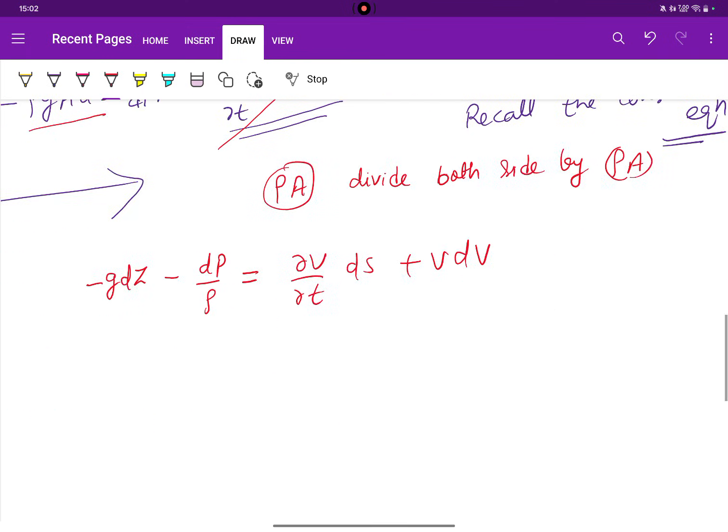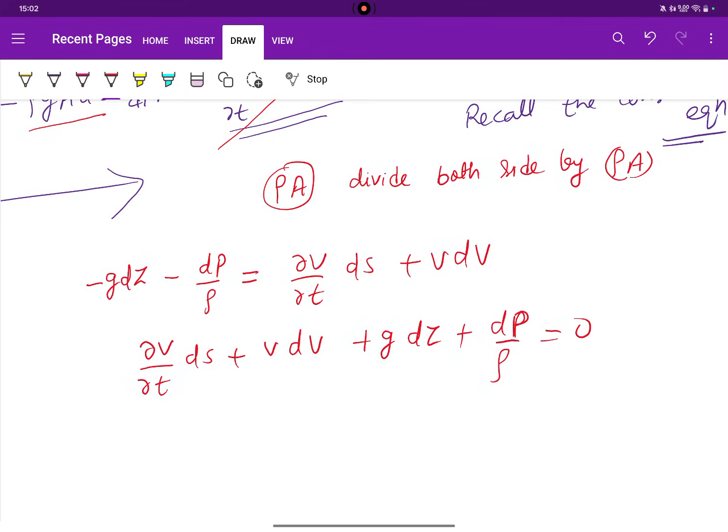That's it. Now take everything on one side, and that is going to be your final equation: partial v by partial t ds plus v dv plus g dz plus dp by rho is equal to 0.